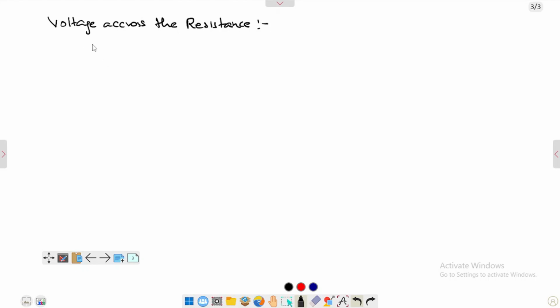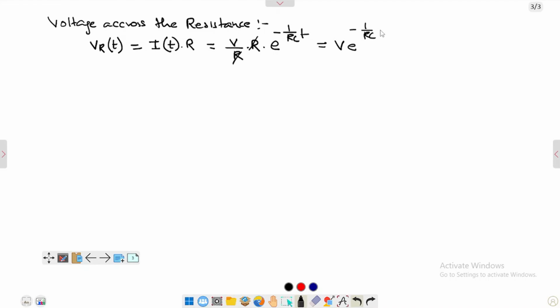VR at a certain interval of time t is equal to I t, which I got in the previous case, into R. What is my I t? Just a few minutes back I got it as V by R into e to the power minus 1 by RC t. So if I take this R and R out, I get V e to the power minus 1 by RC t. So that is the voltage across the resistor.